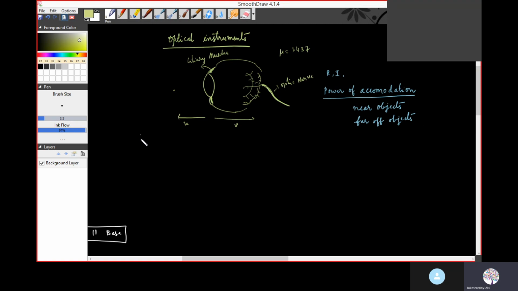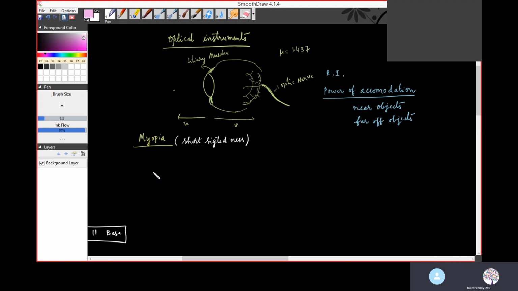Now we have defects in the eye. One is called myopia. Myopia is also called short-sightedness.